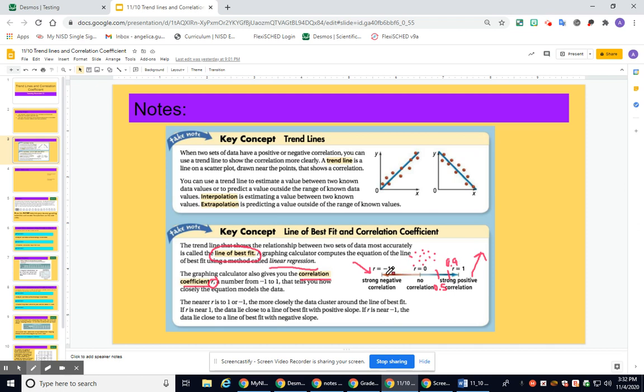And then the closer you are to -1, the stronger your negative correlation. So if I had a -0.8, that would be a strong negative. If I had something like a -0.4, that would be a weak negative correlation. So let's go ahead and look at the calculator and practice identifying some correlations and putting this into the calculator to identify the linear regression.